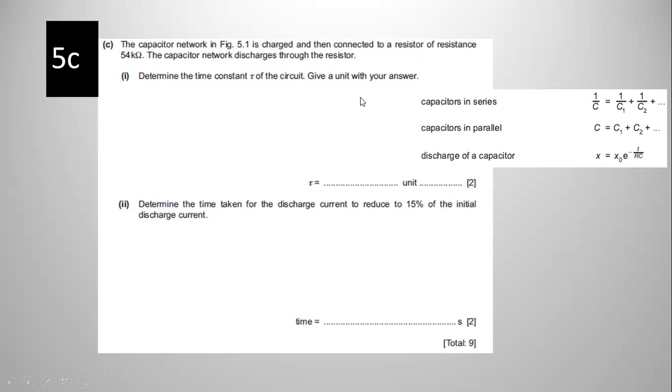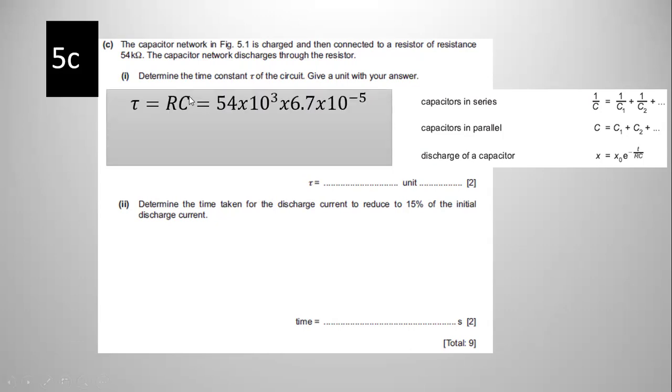Right, this is the new syllabus, so they will try to connect it to capacitance. So, right, time constant is RC. R is given there. Right, change it to SI unit. C, we have calculated that. 3.5 seconds.